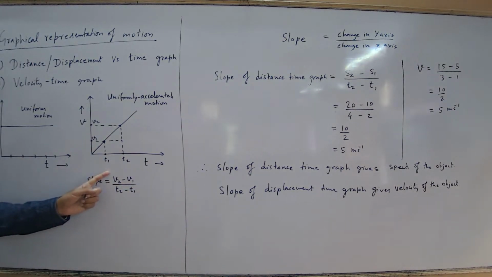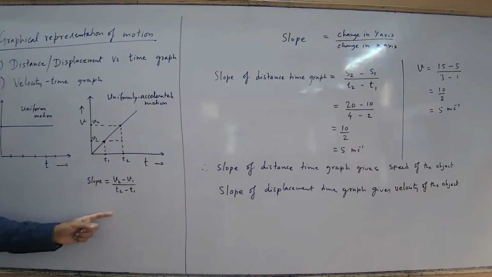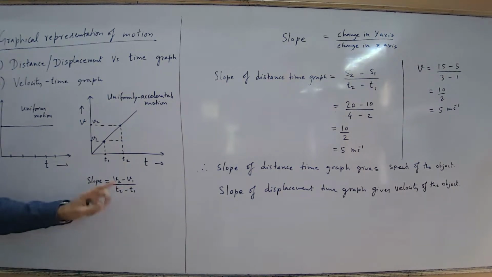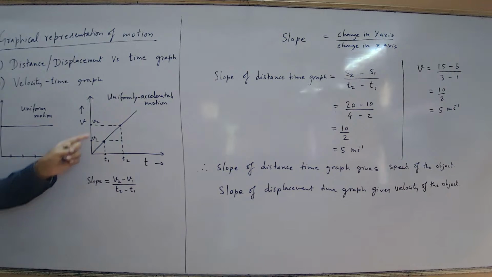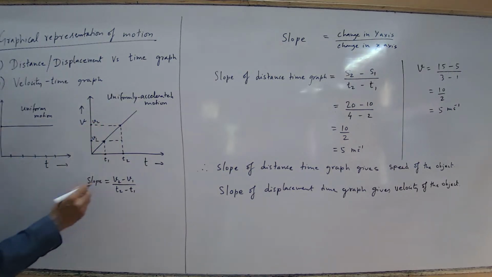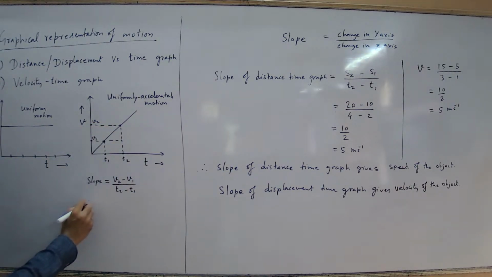Change in velocity upon change in time is what? Change in velocity with time. Rate of change of velocity is what? Acceleration. Okay. So this graph shows that slope of velocity time graph is acceleration.